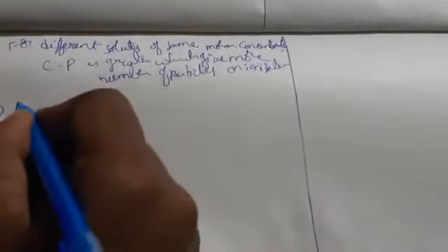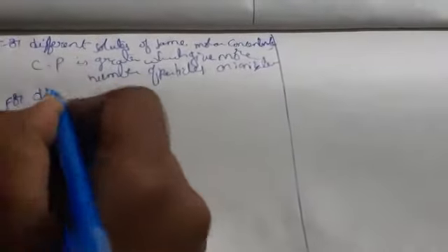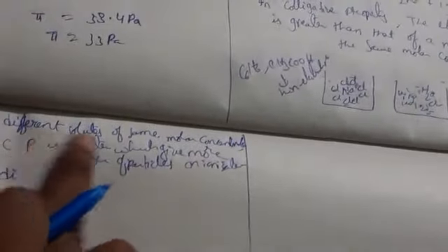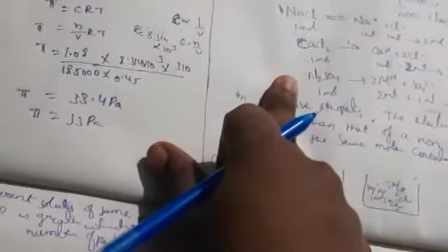Next condition: if you are taking different molar concentrations of the same solute. First I said same solute with same molar concentration. So for this same solute I am taking different concentration.